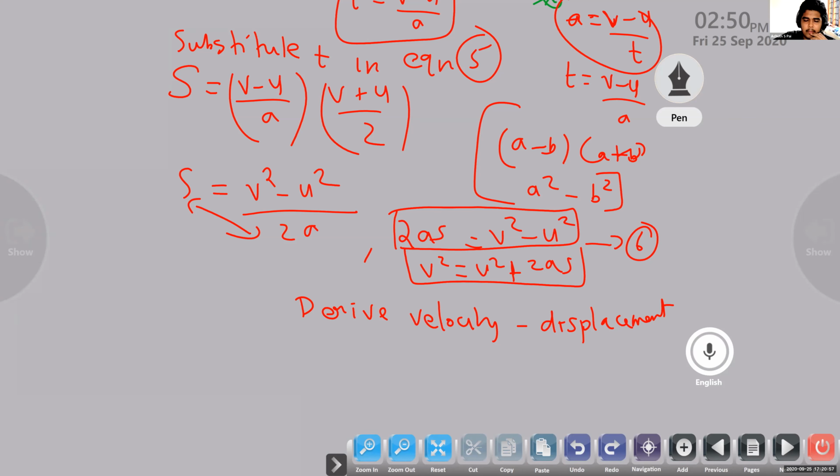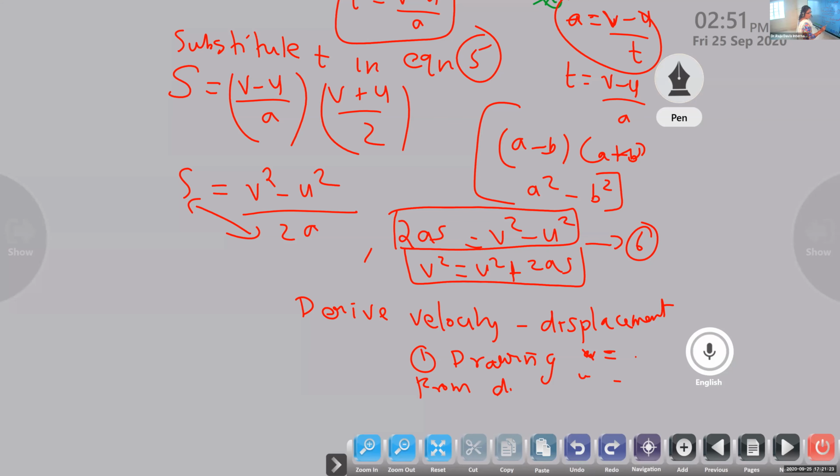Ma'am, so we don't have to draw that graph? Coming to that point, drawing is a must, because using that drawing only, drawing carries 1 mark. Drawing the graph, then you have to write what is V final, U is this. Then you come to here. From displacement time relation, you will write like this.